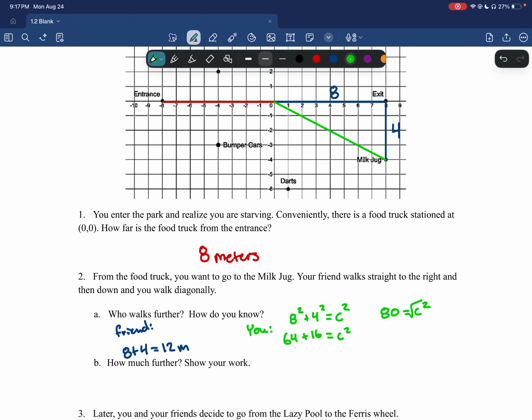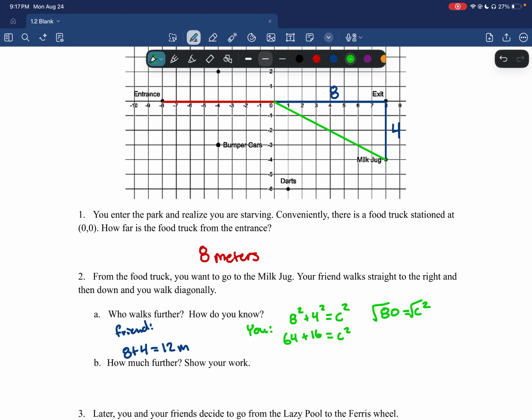When I take the square root of both sides, it doesn't say to round here, but anytime we're talking about a distance that I walk, it doesn't make sense to say, oh, I walked the square root of 80 to get over here. That doesn't make any sense in our brains, right? So I'm going to round this to the nearest tenth so that I have some idea of what this distance is.